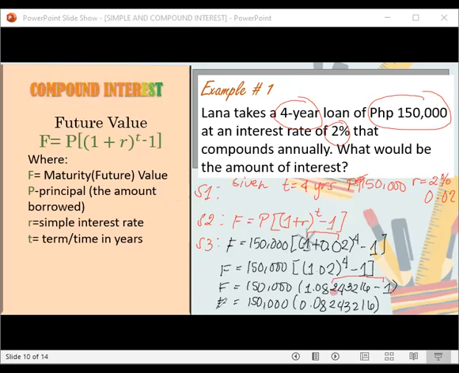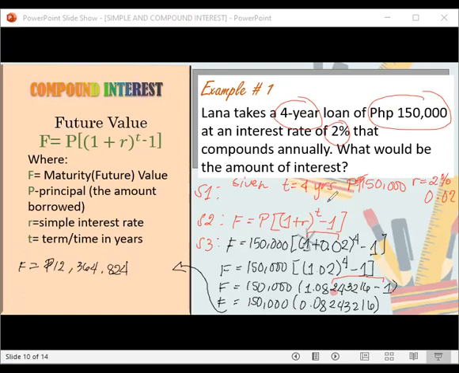Dito ko na lang para masusundan pa rin. So, for the last step, the future value is equal to 150,000 times 0.08243216. Final answer is 12,364.824.